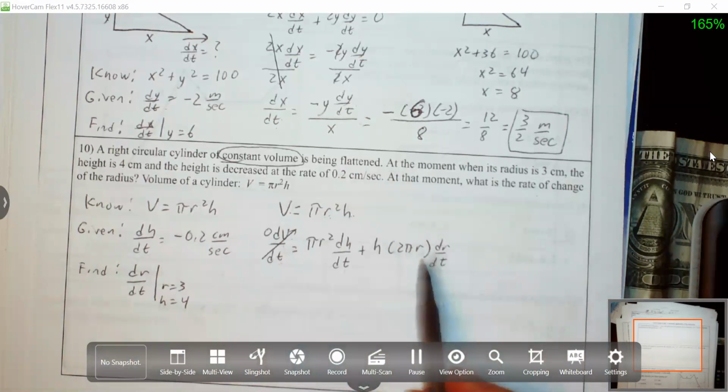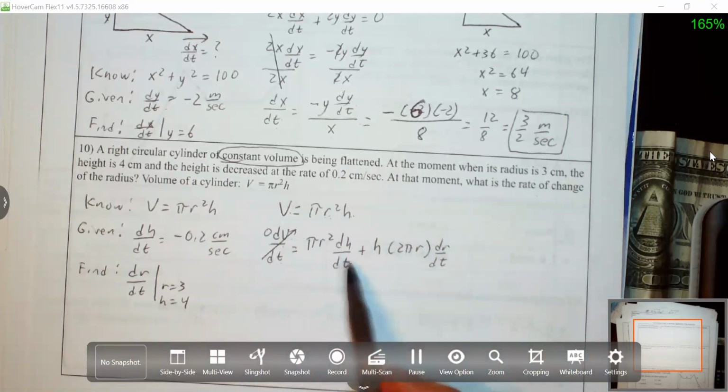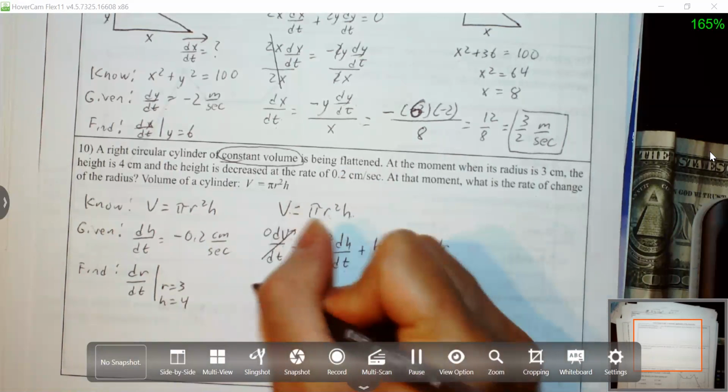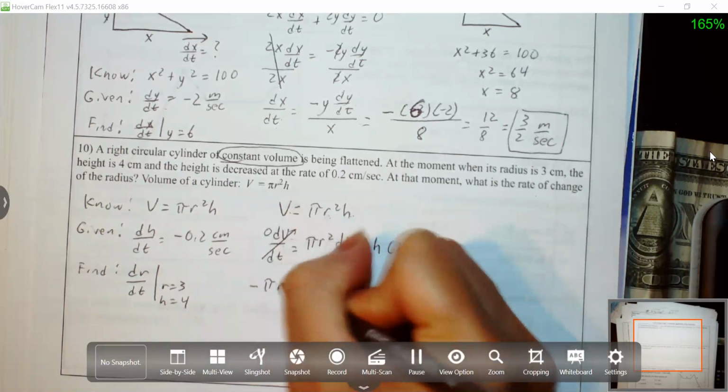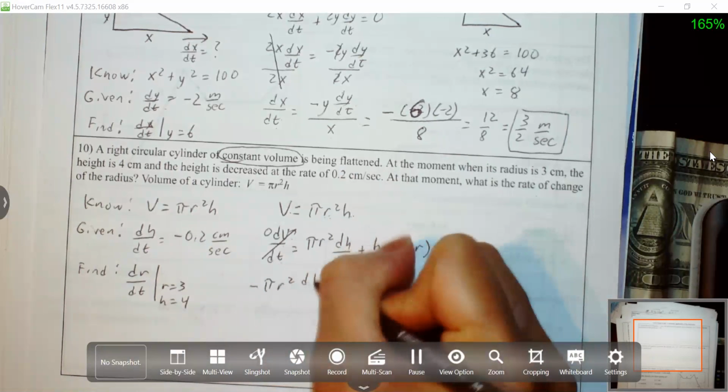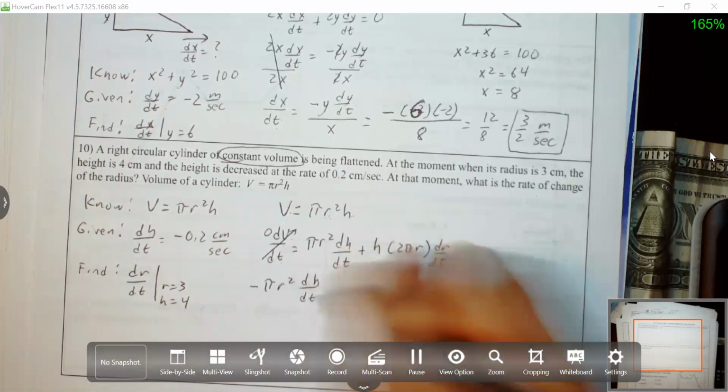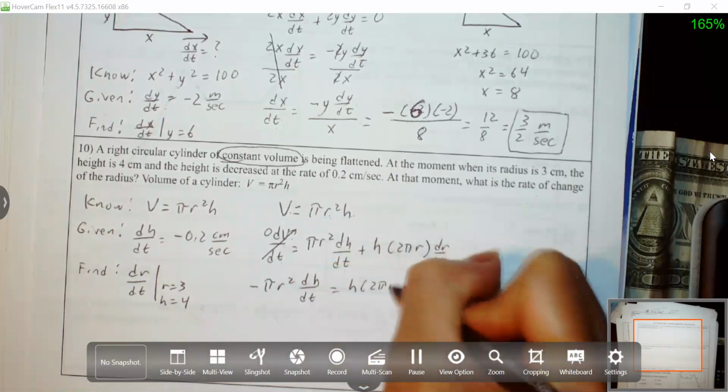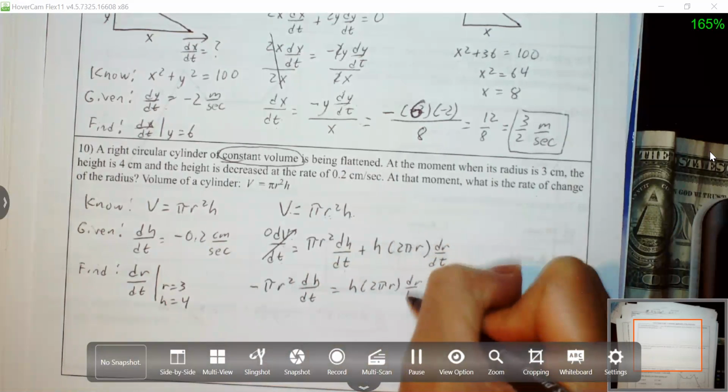So now I'm just going to go ahead and solve for dr/dt. So I'm going to move this to the other side. And I have negative pi r squared dh/dt is equal to h times 2 pi r dr/dt.